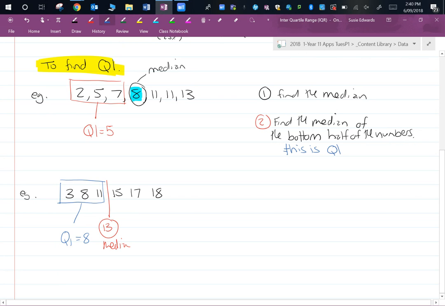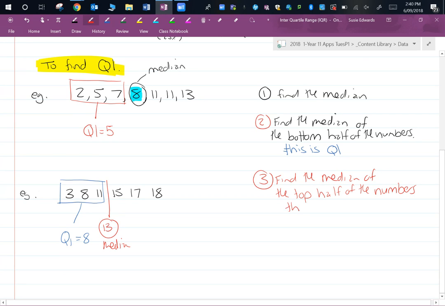This is Q1. How do we find Q3? Same thing, but for the top half. Find the median of the top half of the numbers.